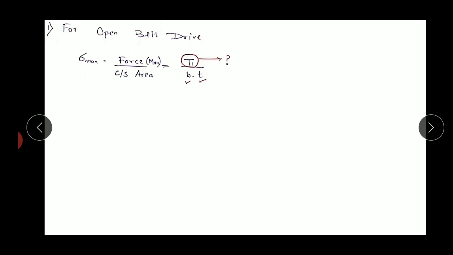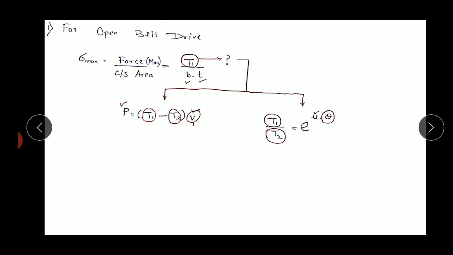Now to find T1, we don't have a separate formula to find either tension on the tight side or tension on the slack side. But instead we have two different formulas. One is the formula for power: power is equal to (T1 minus T2) into V, and the other formula is T1 upon T2 is equal to e raised to mu theta, that is the limiting tension ratio.